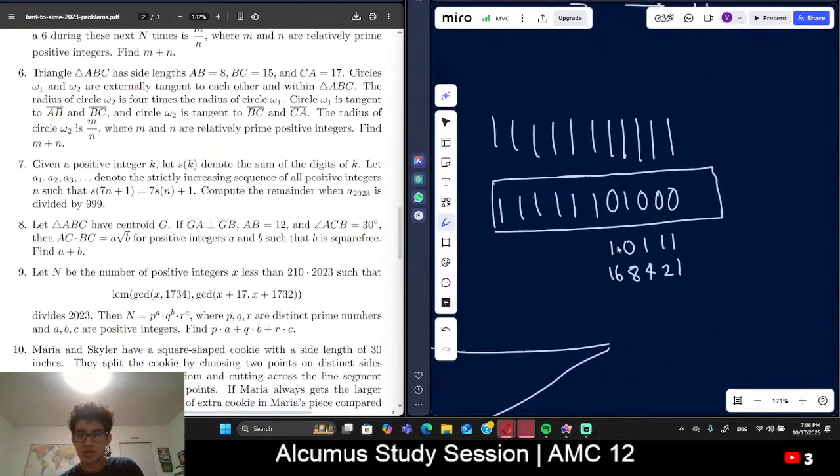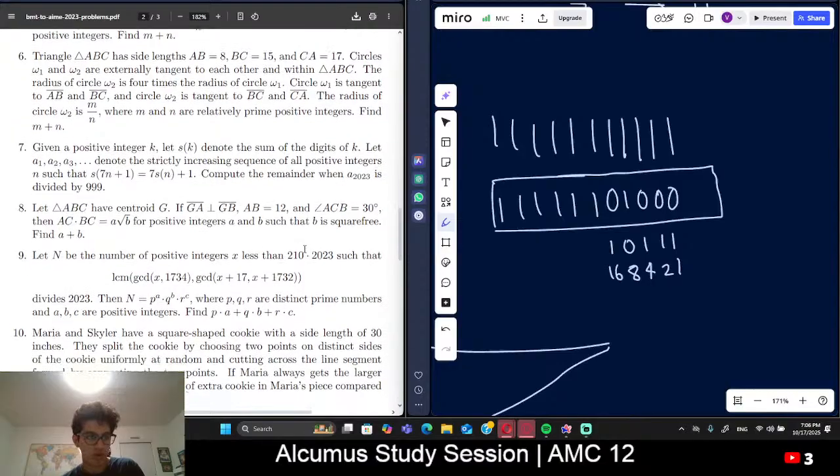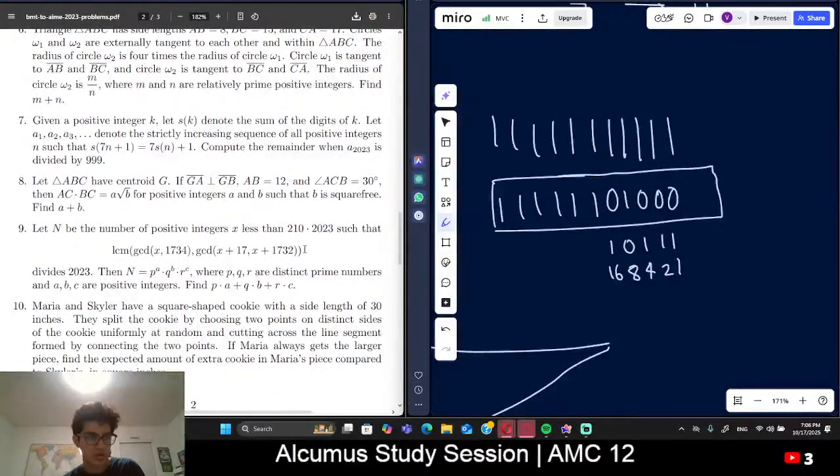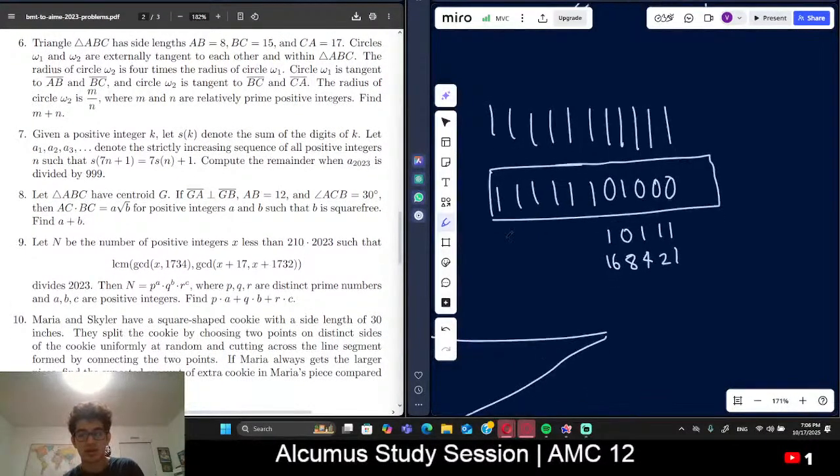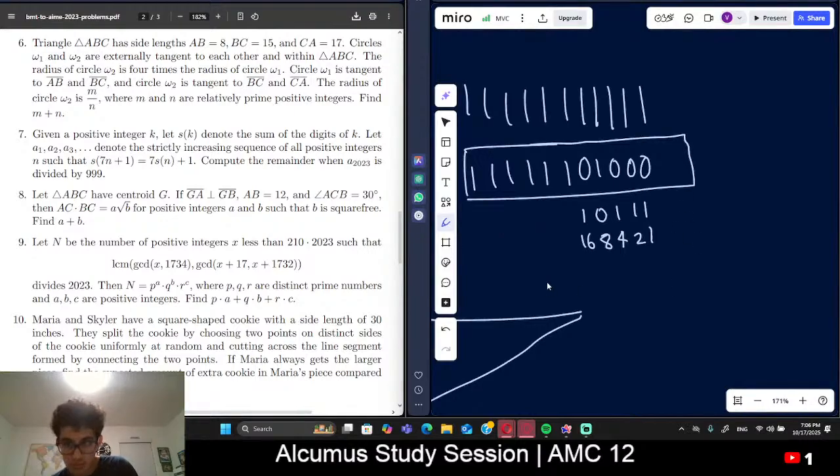What becomes a little troublesome now is finding it mod what they said, right? Divided by 999. So this is obviously going to be 1. I want to put some commas so it's a little easier for me to see. Times 1,000, right?